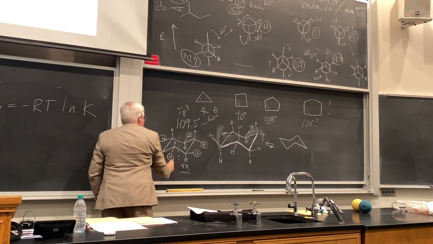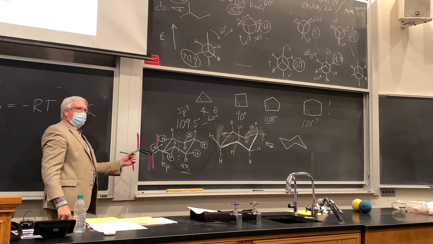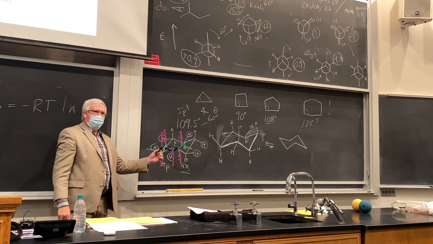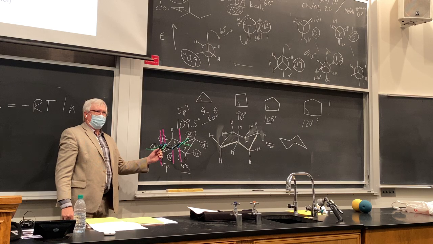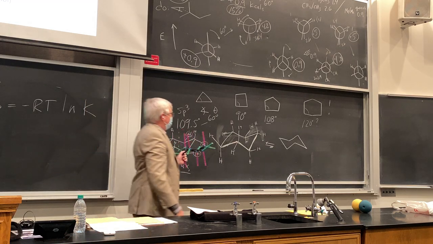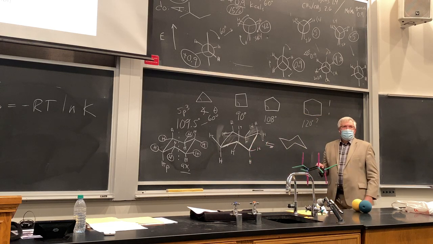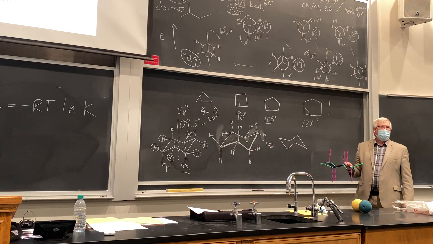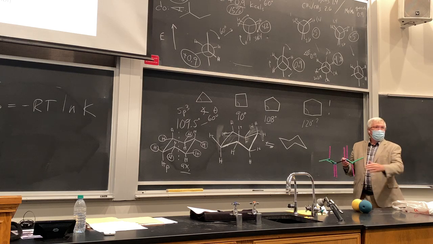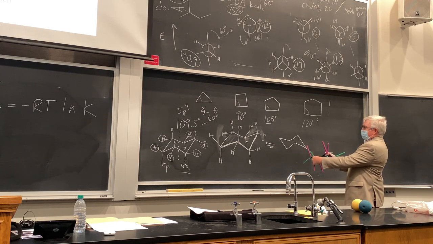It's good to go through this sequentially and make sure you can identify all those things. What are they colored here in my model? They're colored green. All right, now let's do the ring flip. Just when you think you've got this figured out. Purple is axial, green is equatorial, right? Follow this now.